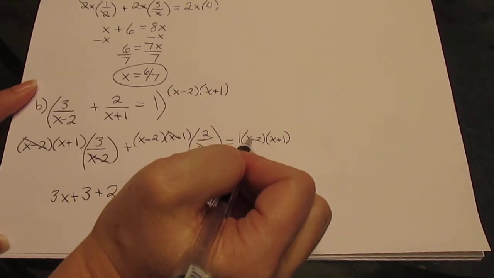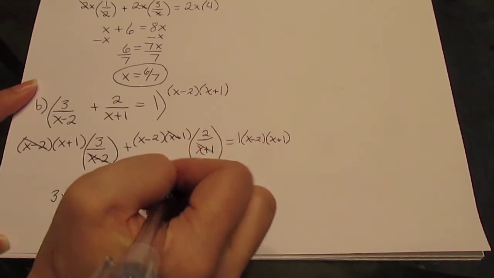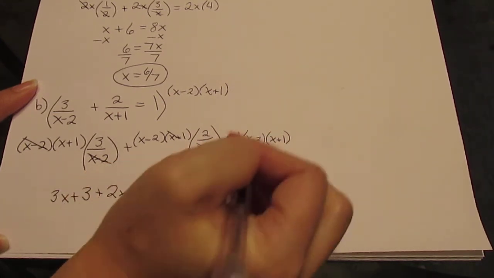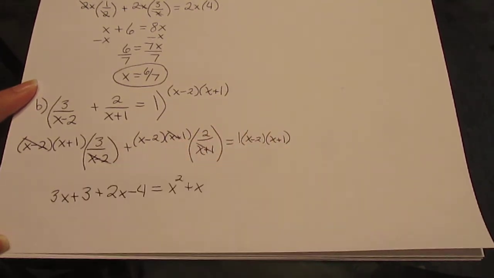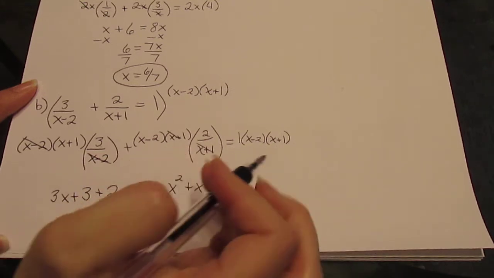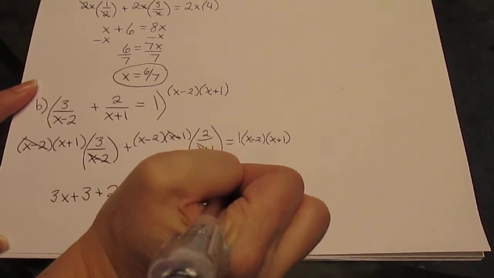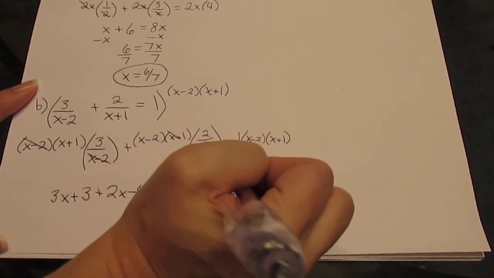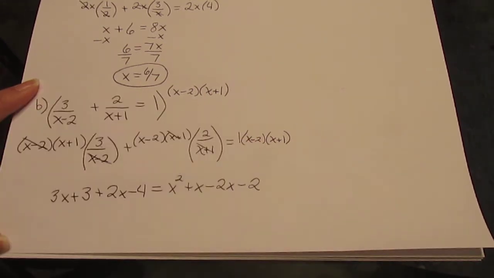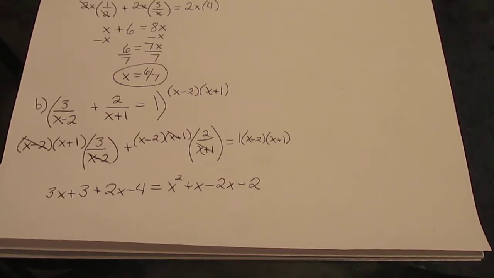So we're just foiling. We've got x times x, x squared, x times 1, negative 2 times x, and negative 2 times 1. This one, we see that we're left with a quadratic equation.